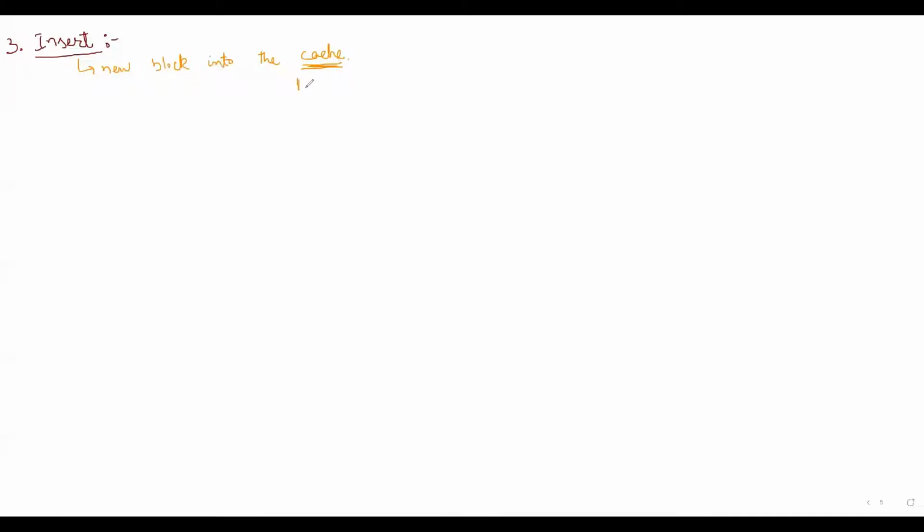There are three caches: one is direct mapped cache, second is fully associative cache, and third is set associative cache. So let's explain this operation for set associative caches. If you understand it for the set associative cache, you will understand for fully associative as well as for direct mapped. Okay.